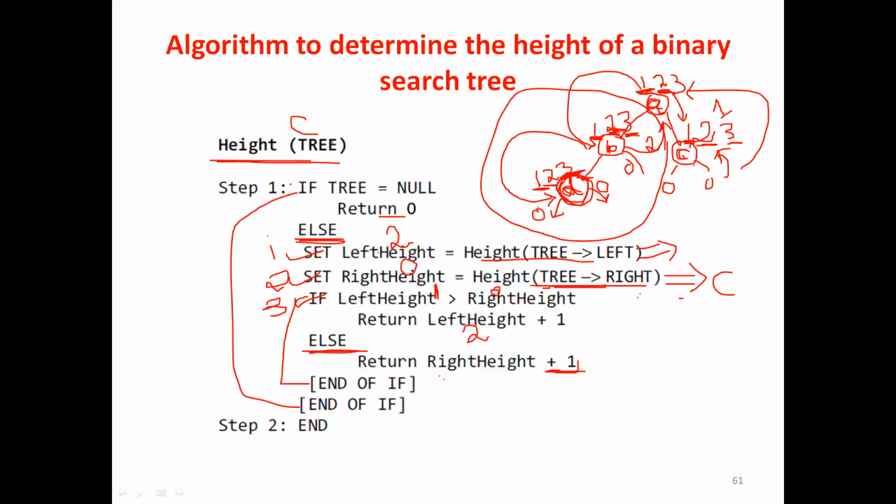Going back to A, the parent of C. So it's returning 1. Now at step 1, the value is 2. At step 2, the value is 1. At step 3, I'm comparing.